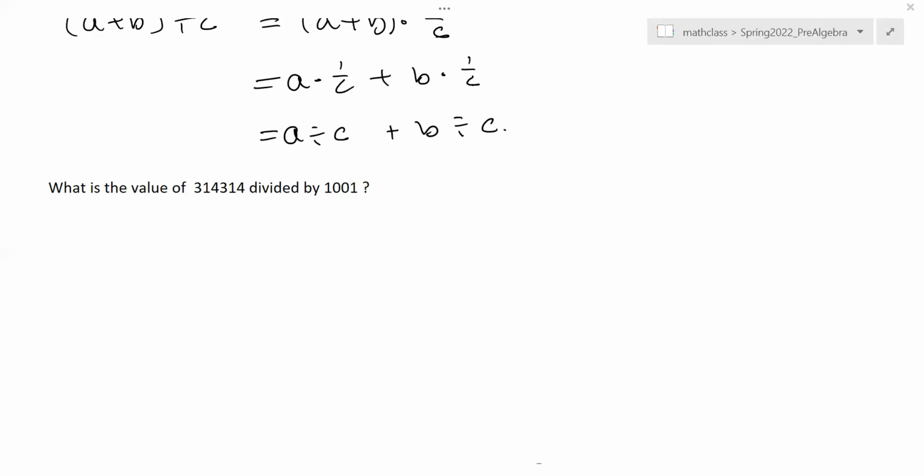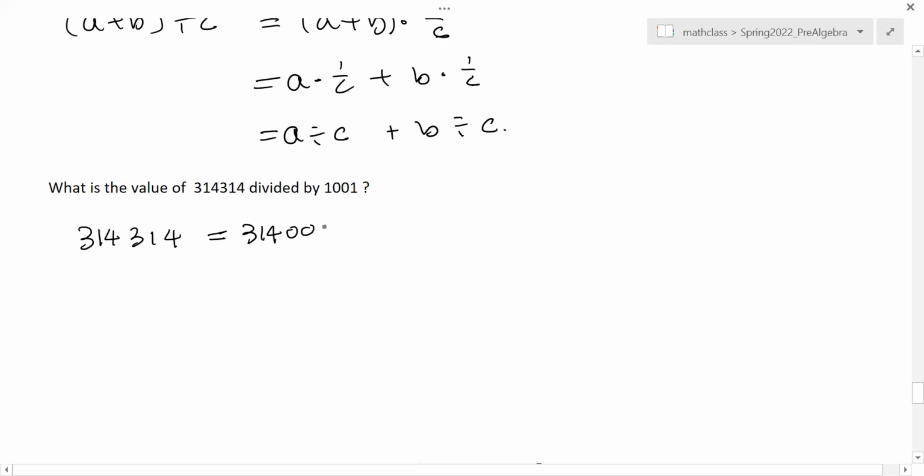So first of all, if we don't use a calculator, what we do is we're going to separate them. Okay, that's the first step.